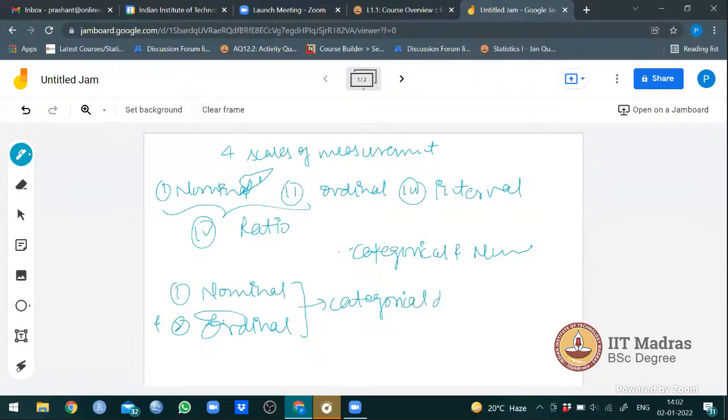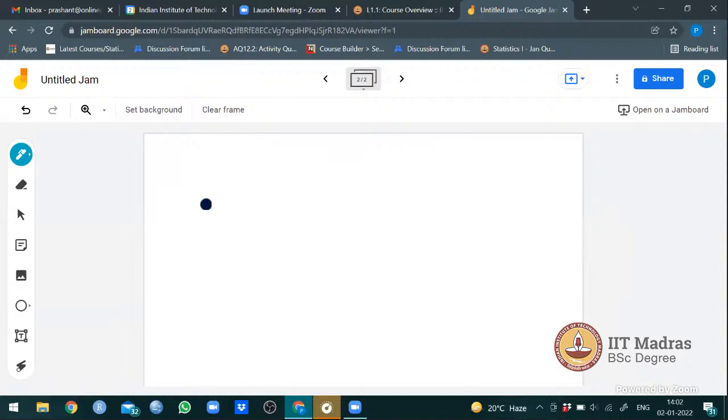Nominal is one in which you have categories that you cannot order. Suppose you have two categories of gender, men and women. You cannot order these two categories, so this type of category comes under the nominal scale of measurement.